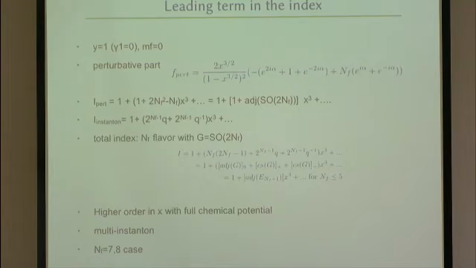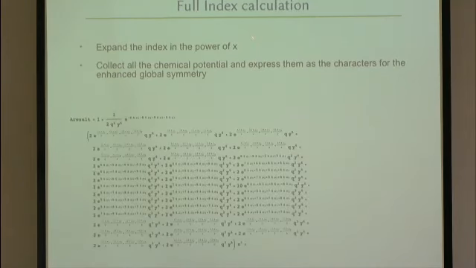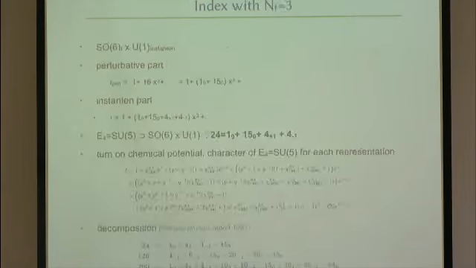And higher orders we'll see. Then there are higher orders in x with full chemical potentials, multiple instantons, and then NF equals 7 and 8. Those are certain cases. So for the full index calculation, we have to expand in powers of x and collect all the chemical potentials and express them as characters of the enhanced global symmetries. For example, Mathematica does work for you once you use it. This is a small part of our Mathematica program to produce characters, and we've been able to produce quite a number of characters.